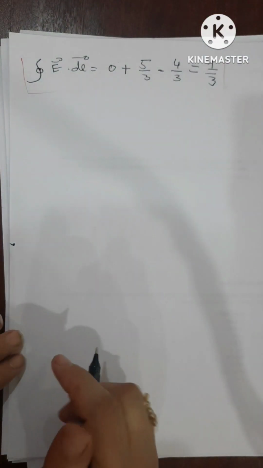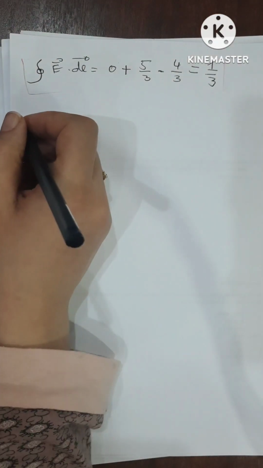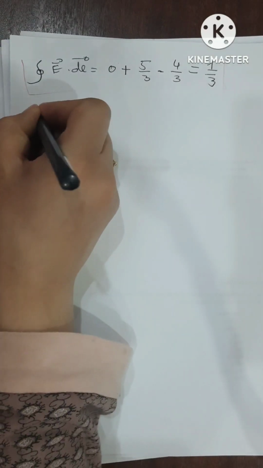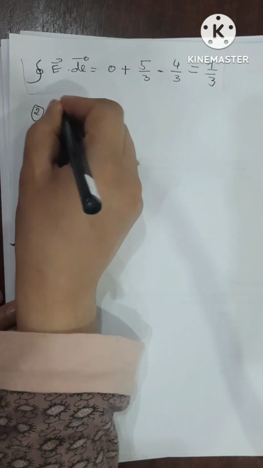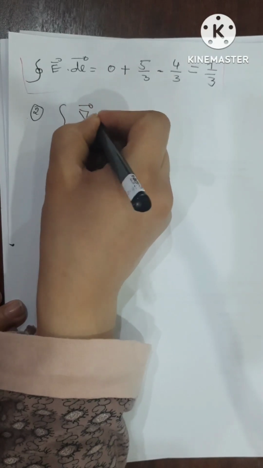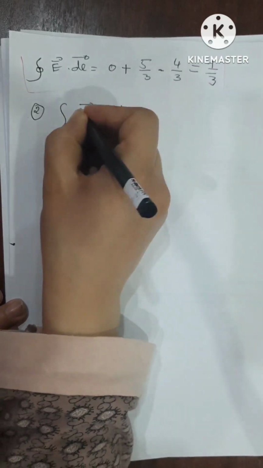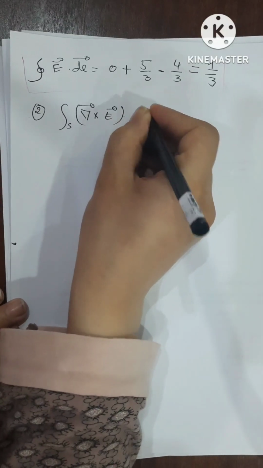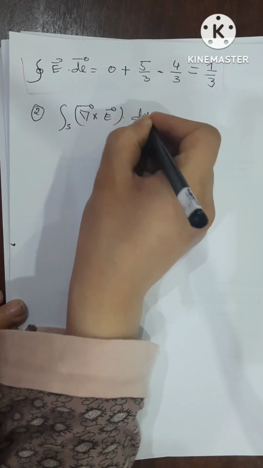Now the second method is the curl of E · ds. This is Stokes' theorem, okay?